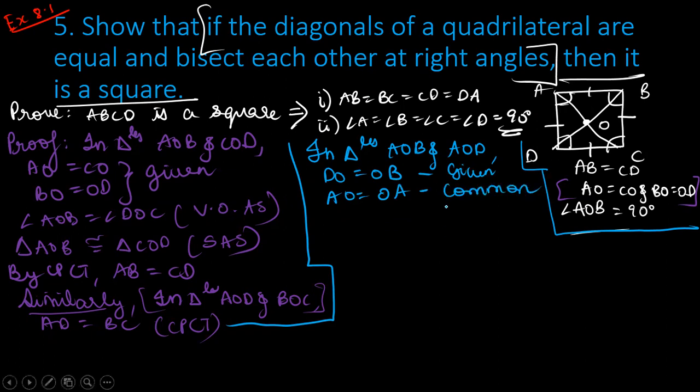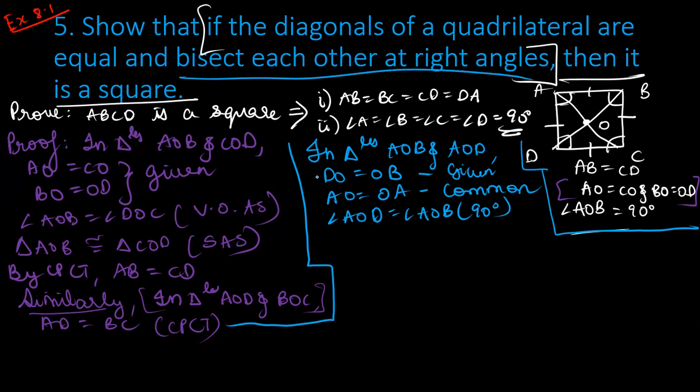Then I can also say, what else can I say? I can say that angle AOD is equal to angle AOB, because they are 90 degrees, because here in the question it's given that they bisect each other at right angles. So thus I can say angle AOD is equal to angle AOB. So which congruency rule have I used here?